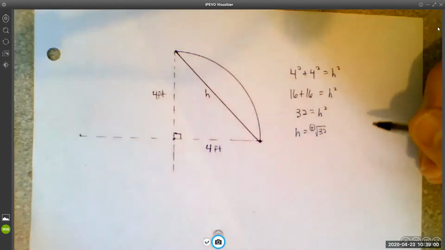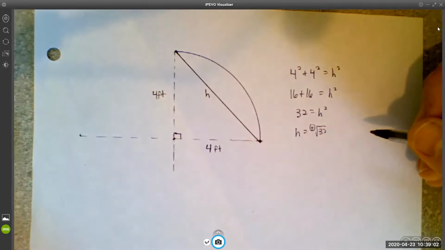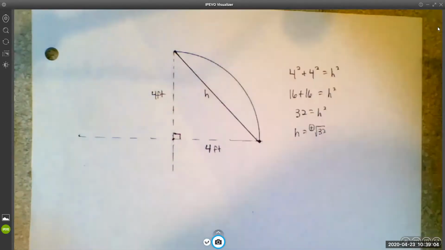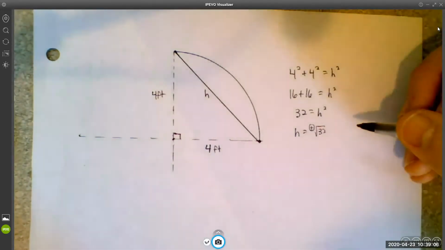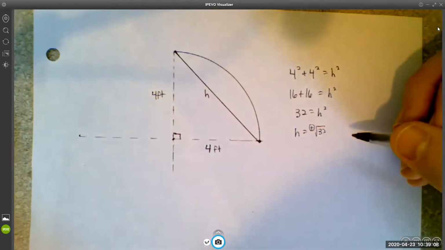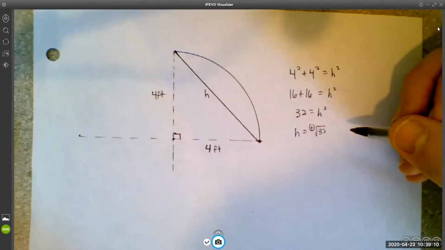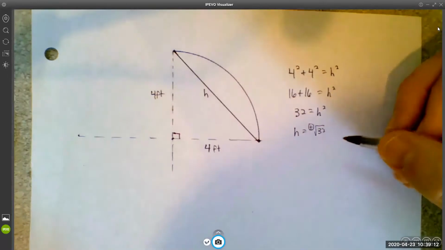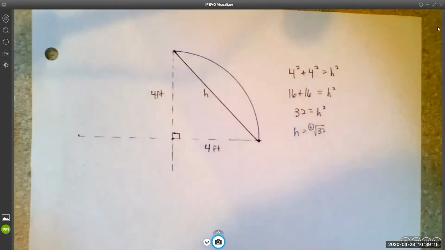Now, if you think way back to your algebra days, you may remember how to simplify radicals. If you don't remember, that's okay. Don't worry about it. I'm not going to require you to do that on a test or anything like that. You could leave your answer like this. I'd be perfectly happy.